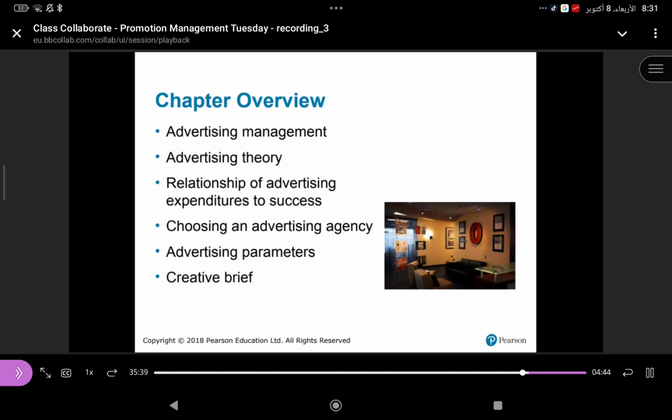Maybe sometimes in the radio also. This is the example. Maybe you have public relations, like making goodwill, using media coverage. For sales promotion, there are some discount coupons and contests.